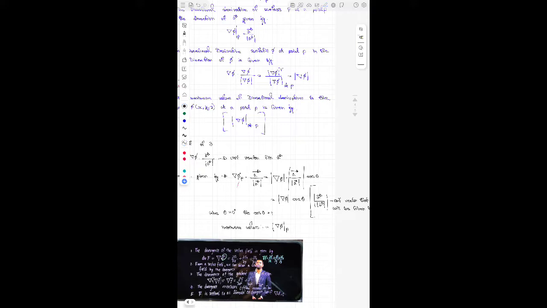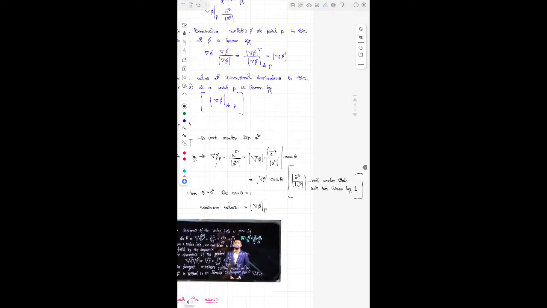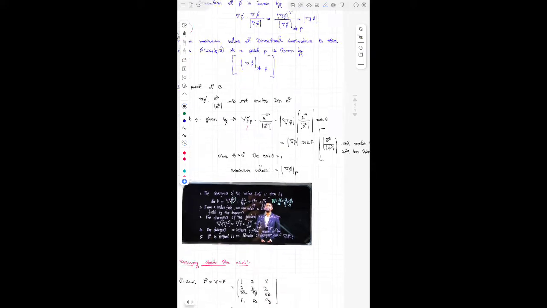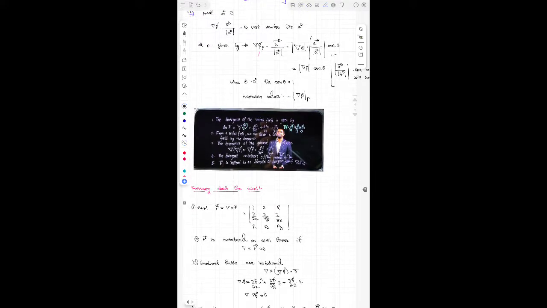The value is greatest when cos theta equals 1, so theta equals 0, and then we get del phi at p.